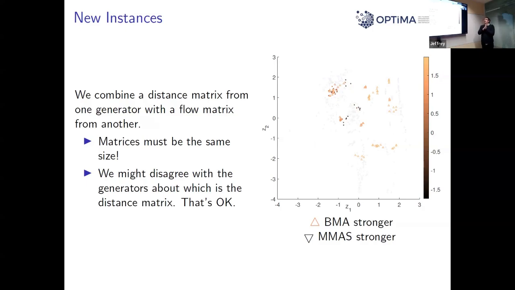But this is only half the problem, really. We've created some new instances in the region where MMAS was good, which are good for the genetic algorithm. Can we do the opposite? Can we generate instances in a region where the genetic algorithm was good, which are instead good for the ant colony algorithm? And well, this is going to be a little bit difficult, right?